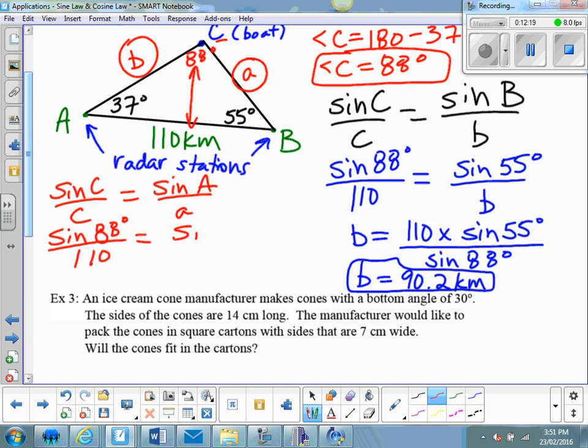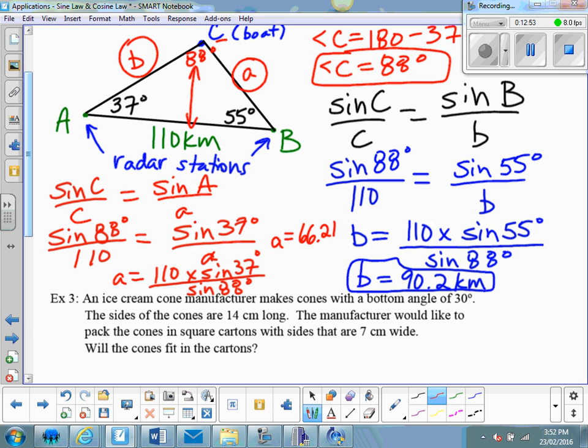This time it's going to be sine, angle A is 37 over side A. So to figure out what side A is equal to, we have to do 110 times sine 37 divided by sine 88. And when we do that calculation, you should come up with side A is 66.2 kilometers.